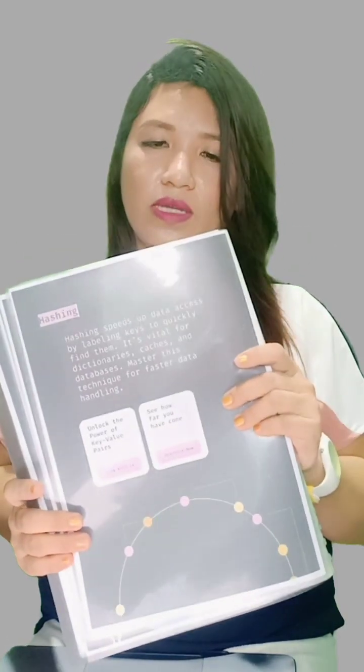There are free projects that you might like to try as well. So basically, it's beautiful, right? You can have it printed for your basics of programming, and you can have your PDF copy in your phone.